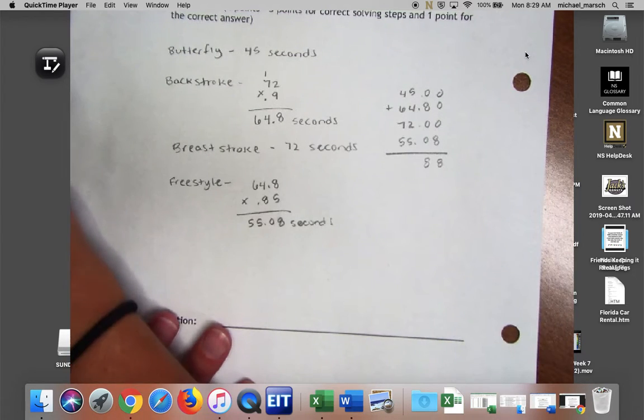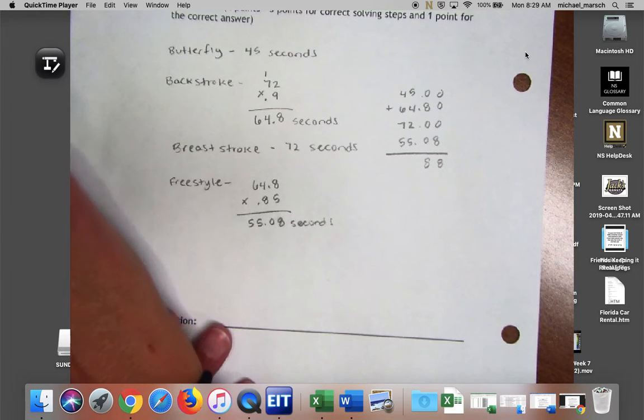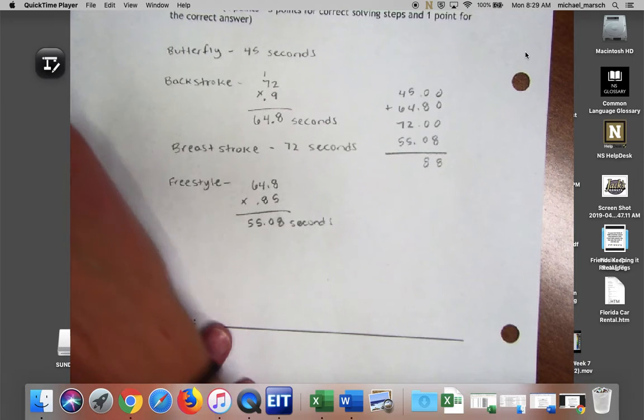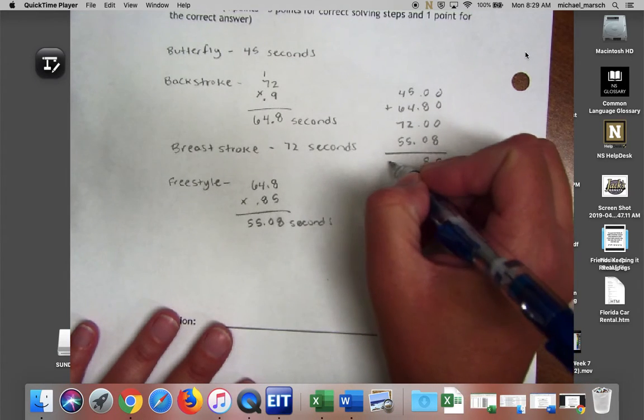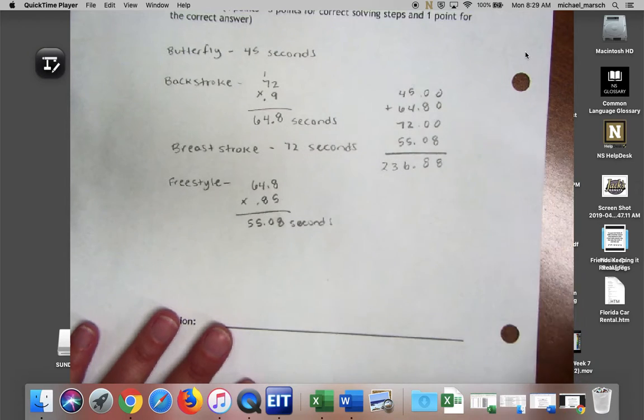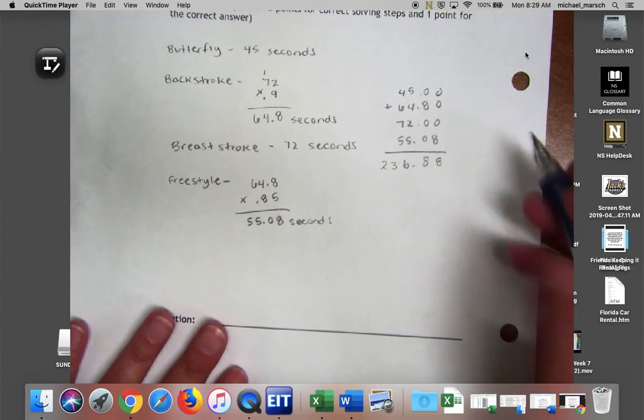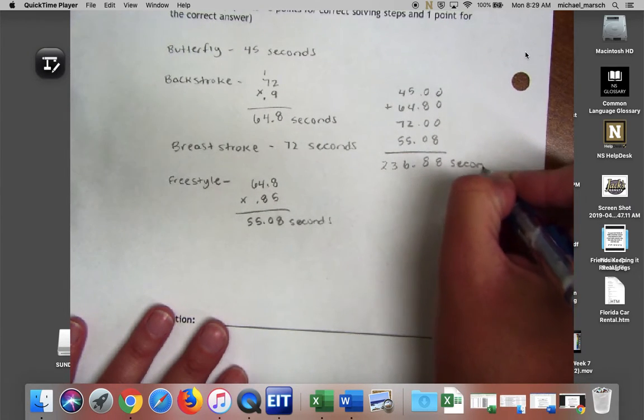I'm going to get out my calculator for this one too. 45 plus 64.8, plus 72 plus 55.08. And I get 236.88. Okay, but I'm not done yet because this is seconds, right?